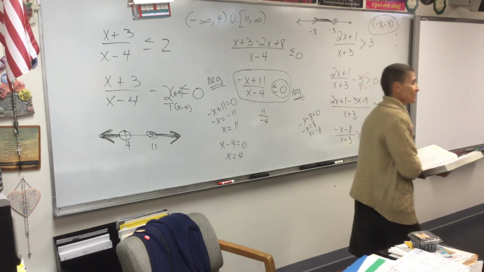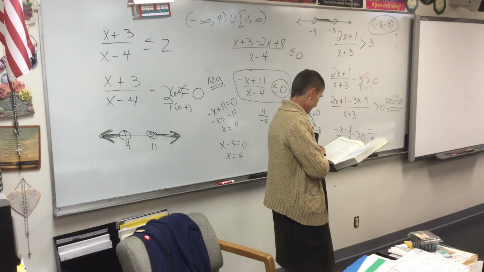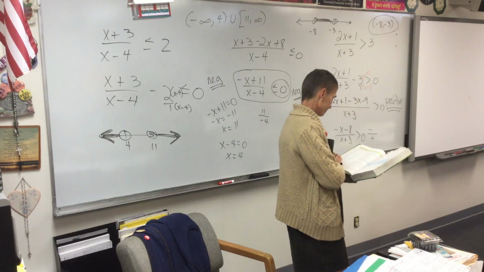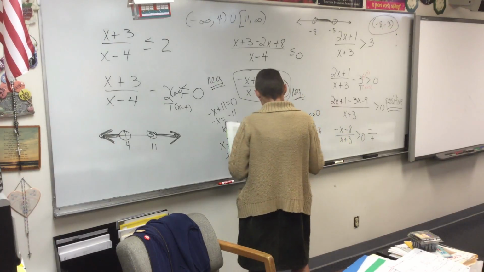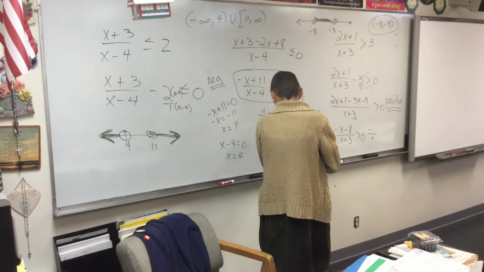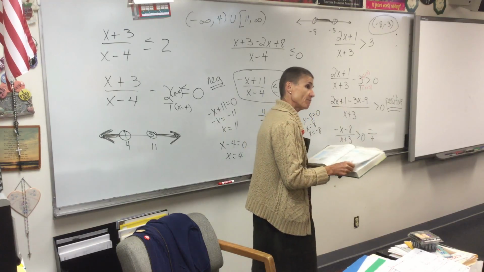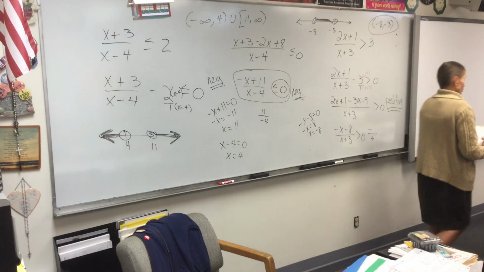Page 64. Go to page 64. Sorry about that. I guess I thought you were looking that up. We are getting ready to do problem number 33 on page 64. Projectile motion.